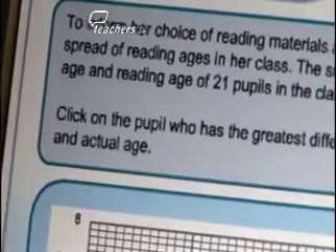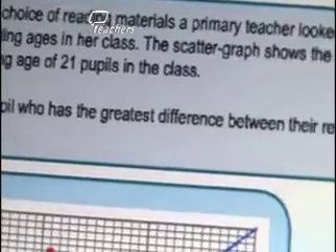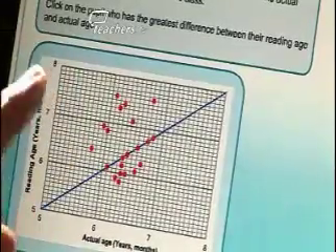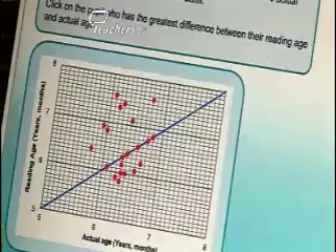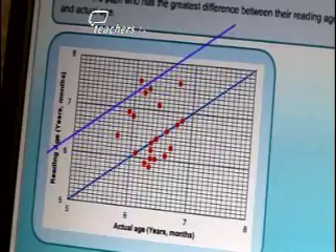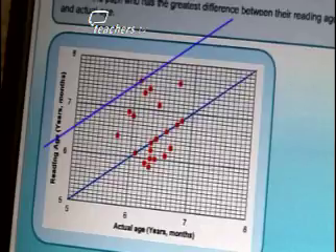It says, click on the pupil who has the greatest difference between their reading age and their actual age. The diagonal line shows us those pupils who have the same reading age and actual age. So if we could move that diagonal line up away from where it sits, the furthest point that it touches would be the pupil who had the greatest difference between their reading age and their actual age.